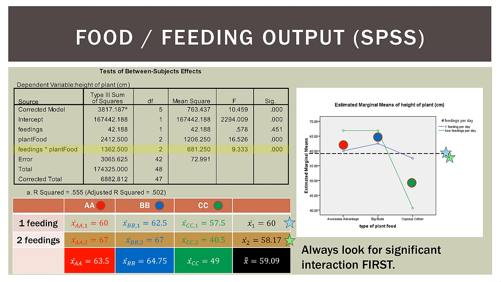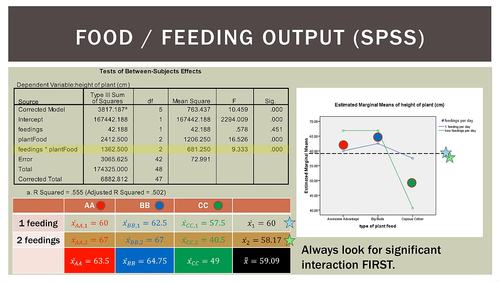Well, according to my vision, it looks like there is more variability in the type of plant food. You can see that the distance from the dashed line to the dots is much further than the dashed line to the stars.